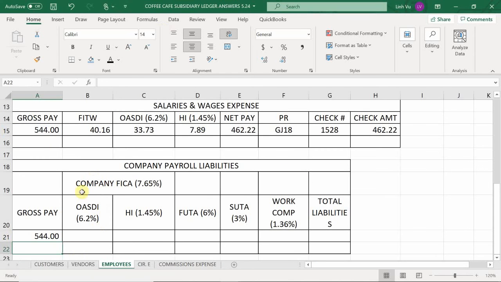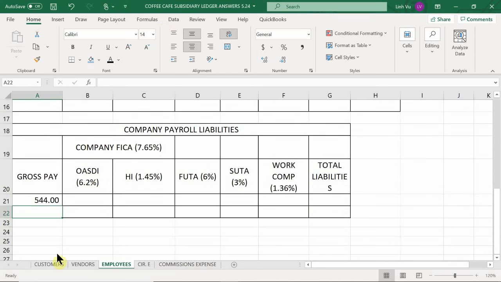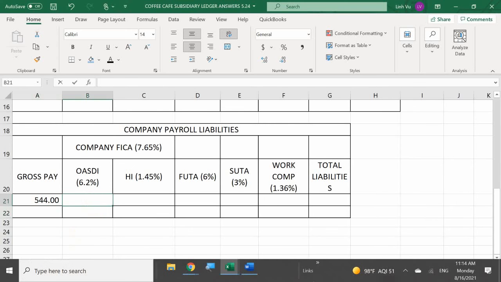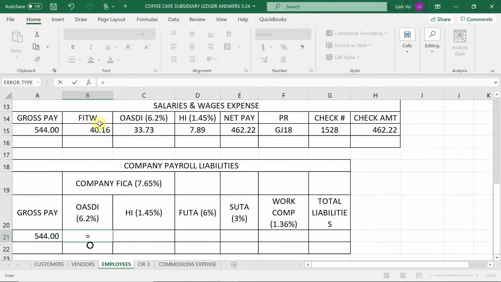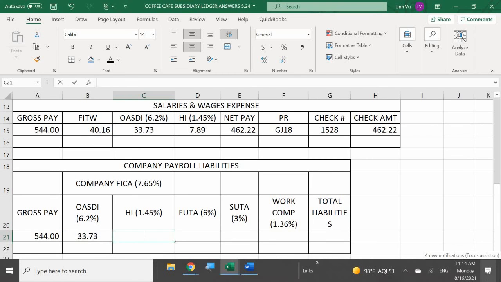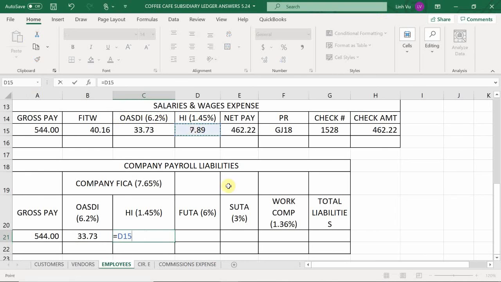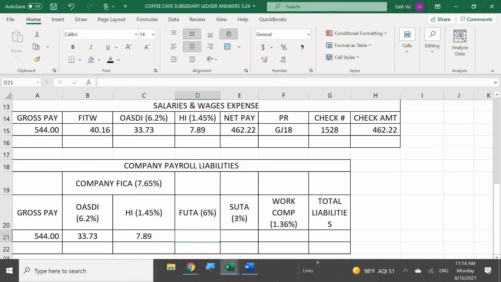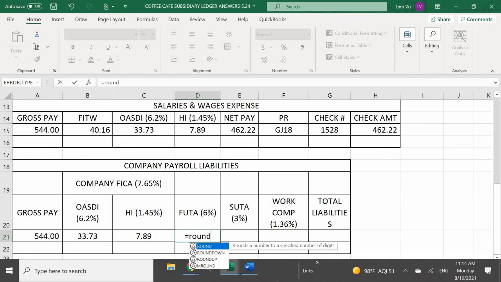OASDI, we already solved for that. That is a total of $33.73. How much was HI? $7.89. What about FUTA? How much are we subject to pay for federal unemployment tax?